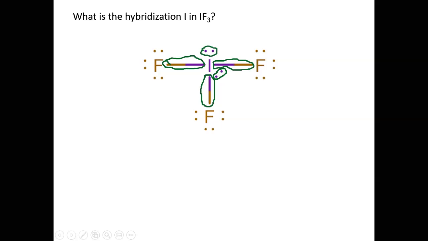And so this means that iodine is sp3d hybridized. If we were to use a shortcut, we could go S, P, P, P, D, and that's where we get the shortcut to know it's sp3d hybridized.